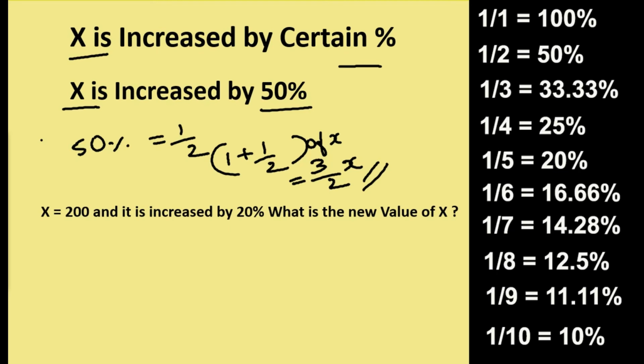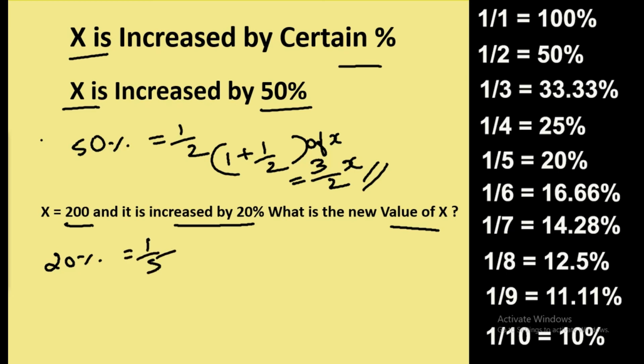Let's understand the concept with a simple example. X equals 200 and it is increased by 20 percentage. What is the new value of X? 20 percentage is 1 by 5.